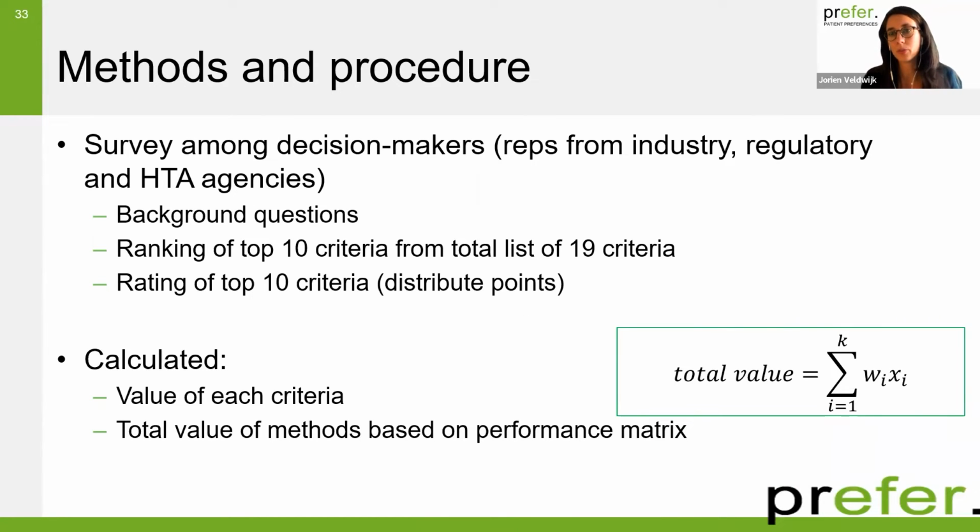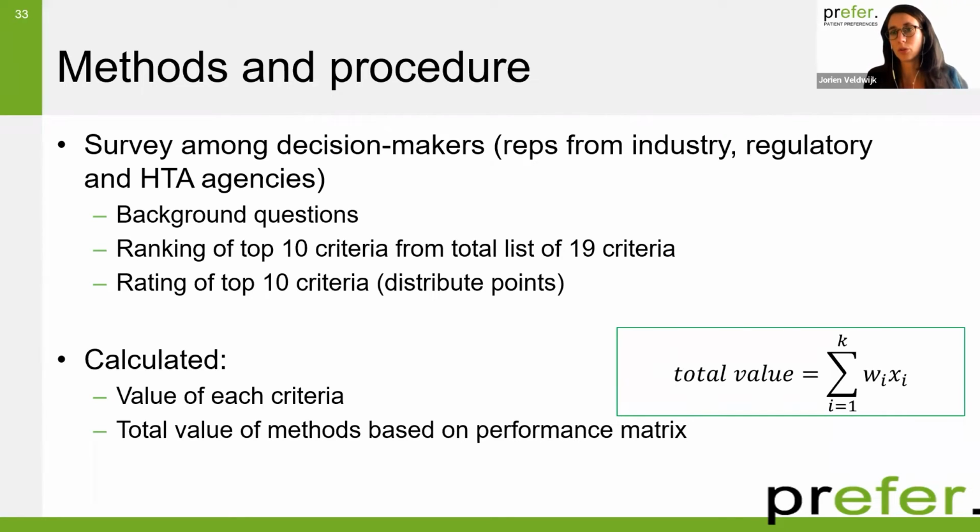So if we go next, what we did as part of this study is that we've drafted a survey that we've disseminated among the medical product lifecycle decision makers. And that survey contained, first of all, some background questions, and after that, a description of a decision problem for a particular decision point. And then we've asked industry representatives only to evaluate these methods criteria for decision points that relate to their personal decision processes.